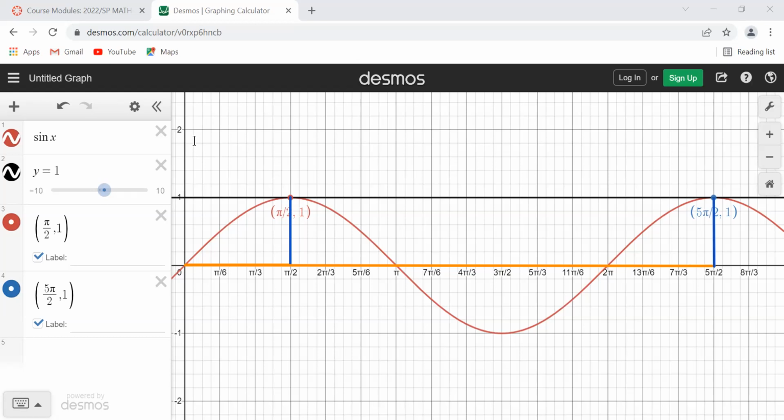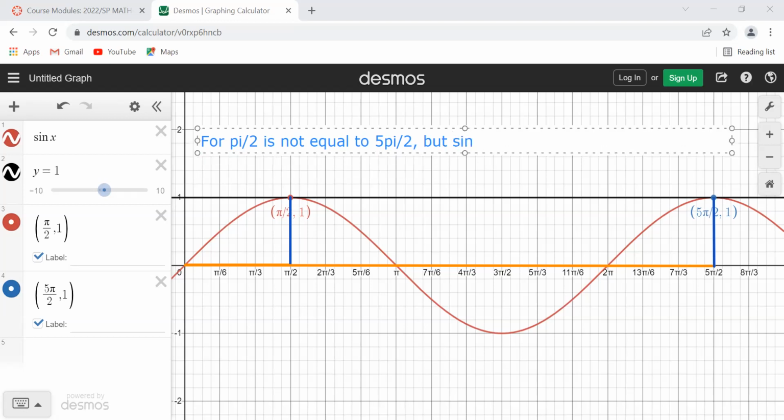For pi over 2 not equal to 5 pi over 2, sine of pi over 2 is equal to sine of 5 pi over 2, which equals 1.